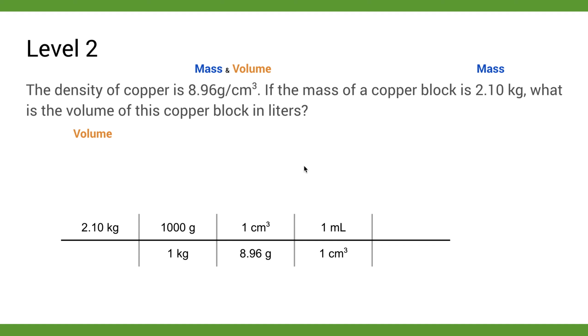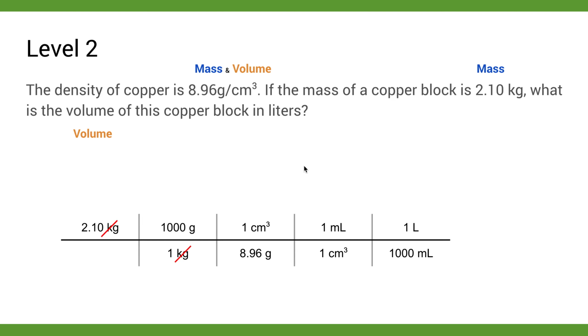And if you know the value in milliliters, then you can change it to liters because 1 liter is 1,000 milliliters. So this is how we set it up, and again, like level 1, we love to show our unit cancellation just to make sure that we have everything set up correctly.